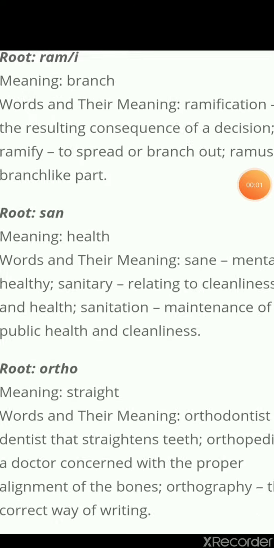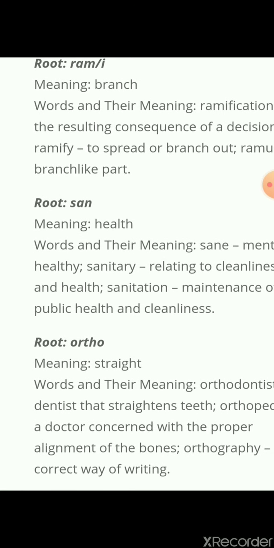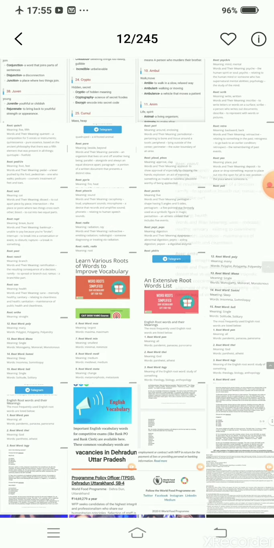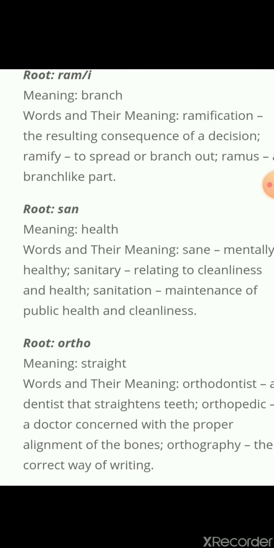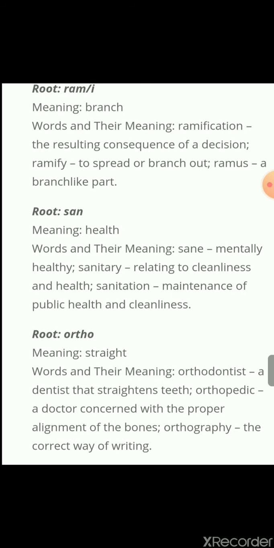Moving ahead to some intensive roots, meaning some advanced ones. So the root is RAM, or RAMI, which means branch. Words and their meaning: ramification, the resulting consequence of a decision; ramify, to spread or branch out; ramus, a branch-like part.